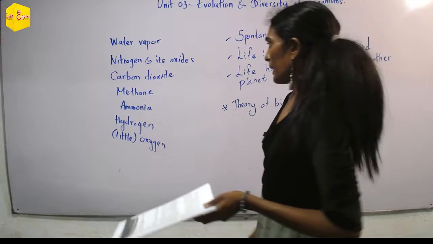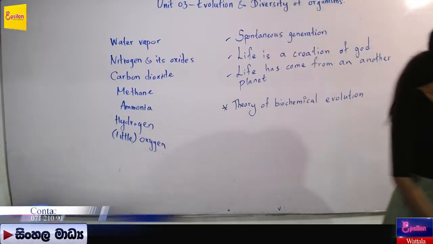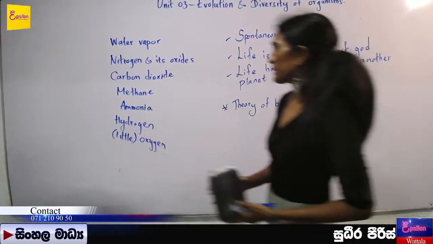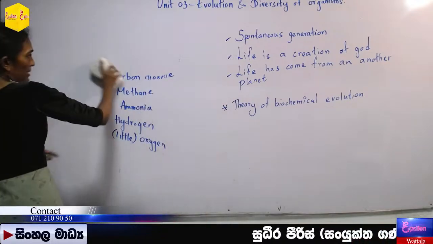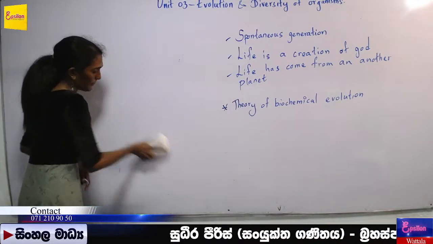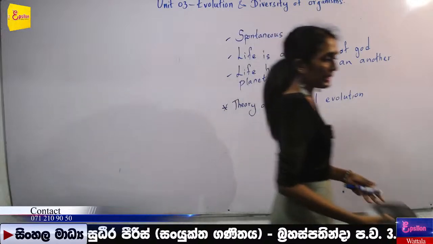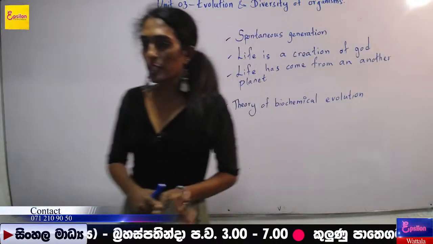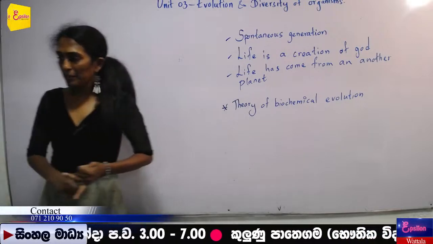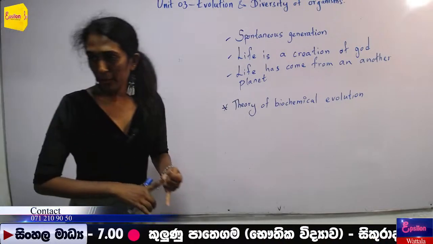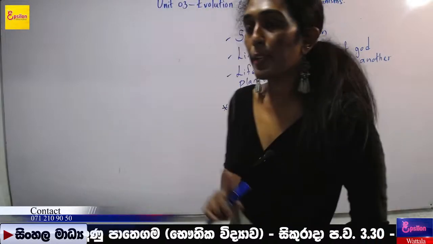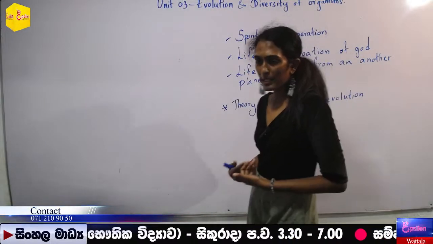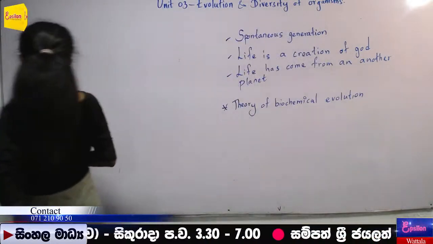Understood now? So, in this case, I am going to tell how life originated there. As I told you, these gases which were present on early Earth reacted using the energy from UV radiation, hydrothermal vents, alkaline vents, and Earth's reducing atmosphere. Likewise, they took energy from those things and they reacted together.